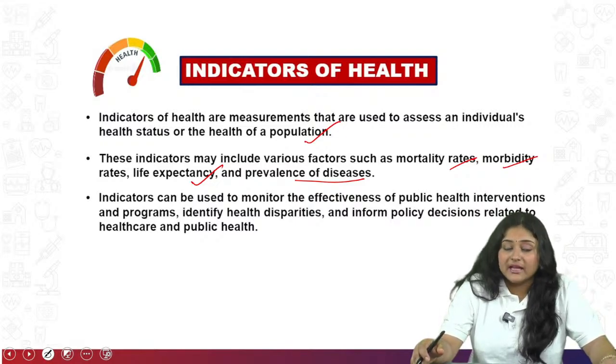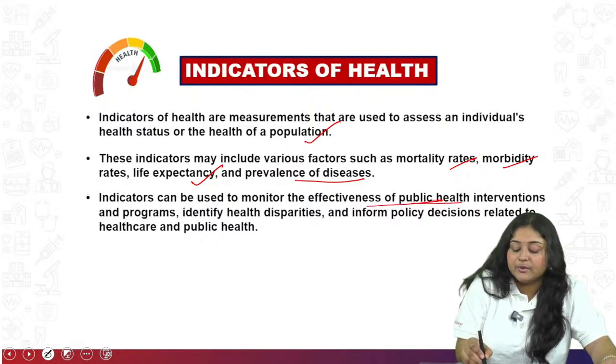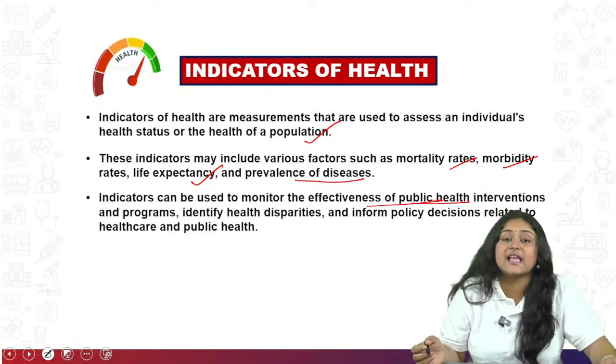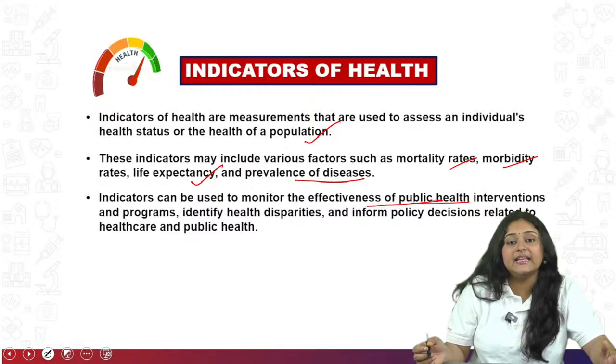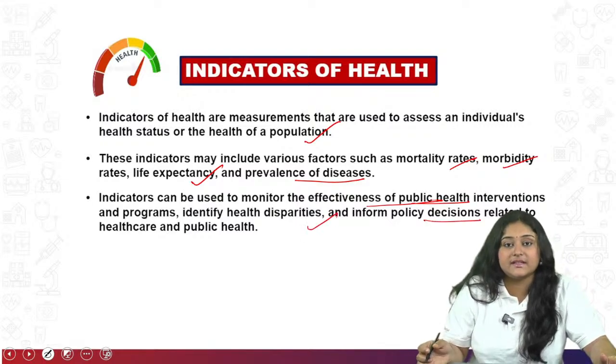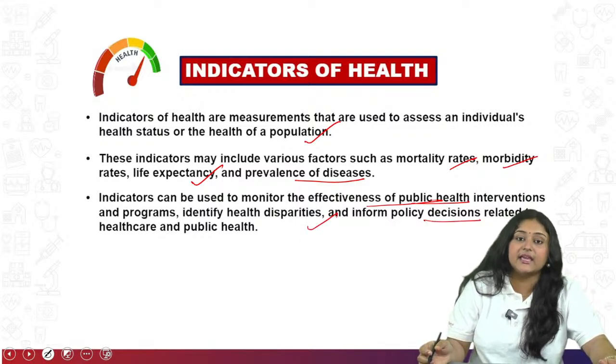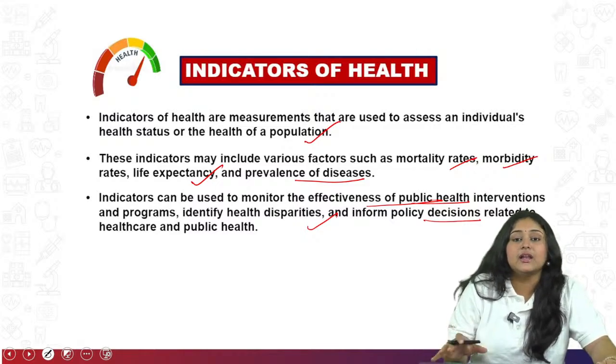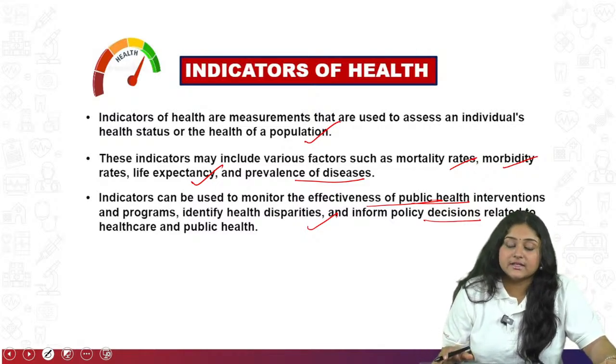They are mainly used to monitor the effectiveness of public health interventions and programs, which are helpful to identify health disparities and inform policy decisions related to healthcare and public health. So these are all the meaning of the indicators of health.